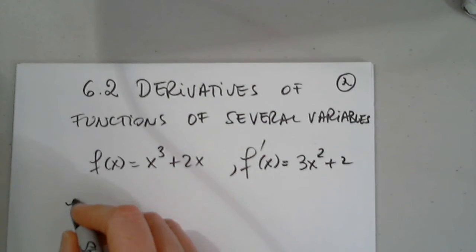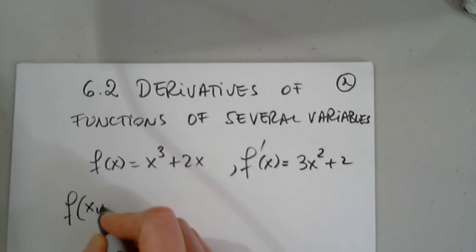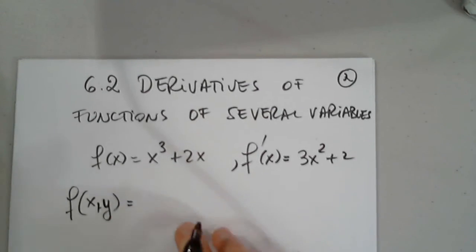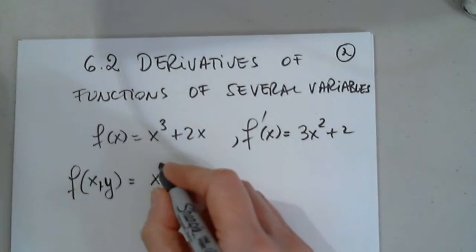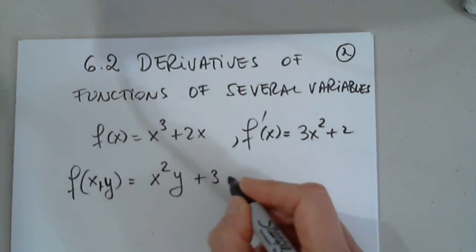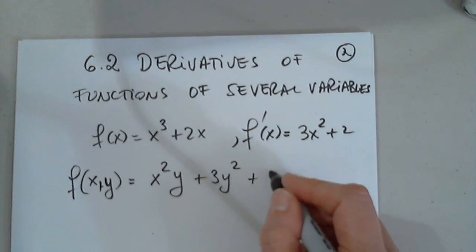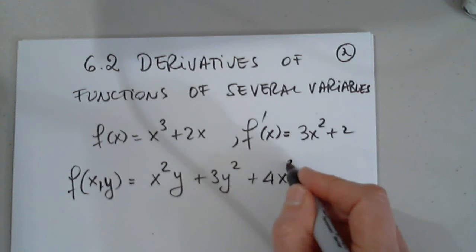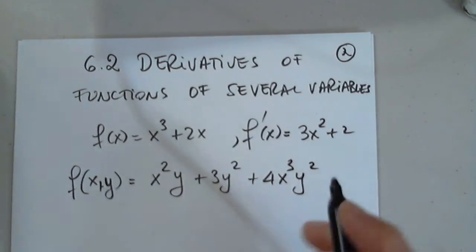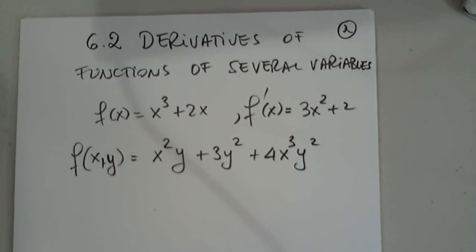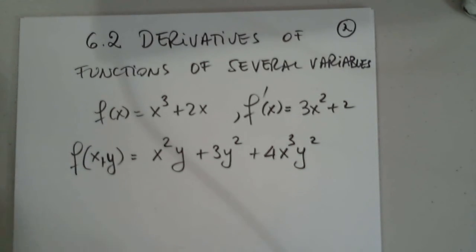But if I'm given a function with 2 or more variables, like for example, x squared y plus 3y squared plus 4x cubed y squared, that's a totally different story. If you ask me to find the derivative of this function, you have to be specific.